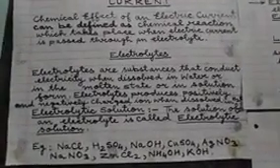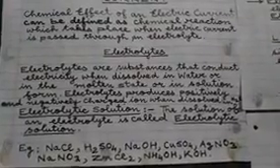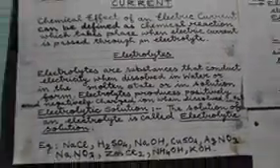So how will you define electrolytes? Electrolytes can be defined as those chemical compounds or substances that conduct electricity when dissolved in water or when they are present in their molten state or in their solution form. I hope you have understood what are electrolytes.